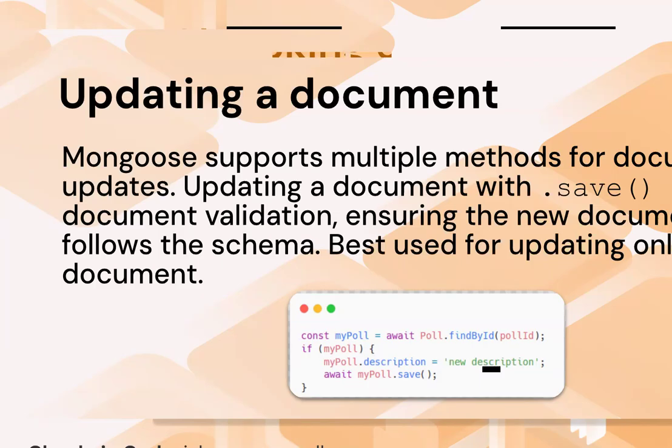And this ensures that the new document still follows the schema that you made. And this is best used for updating only one document. So you can see in the example, in the last line inside the if statement, you can see await mypoll.save to update the document.